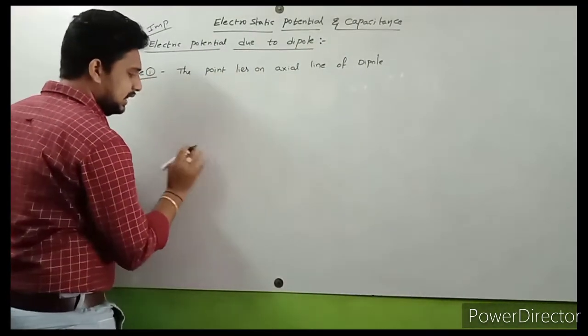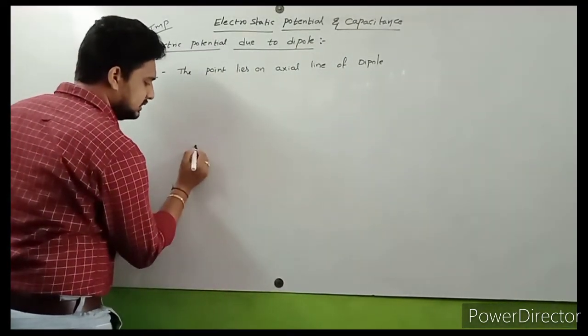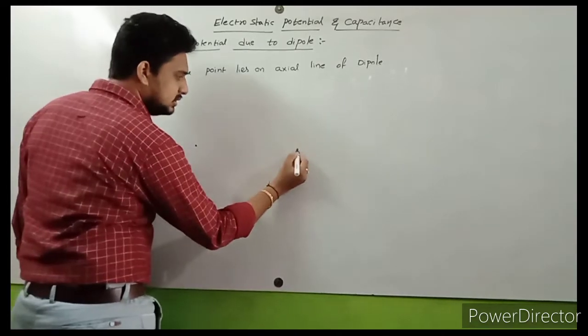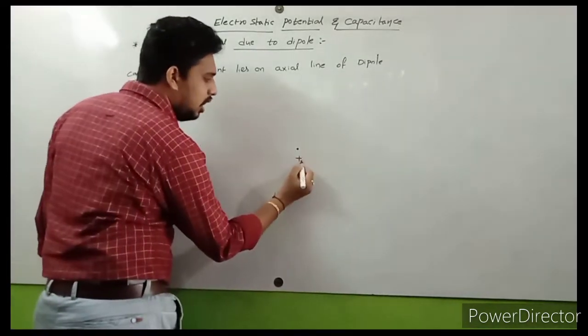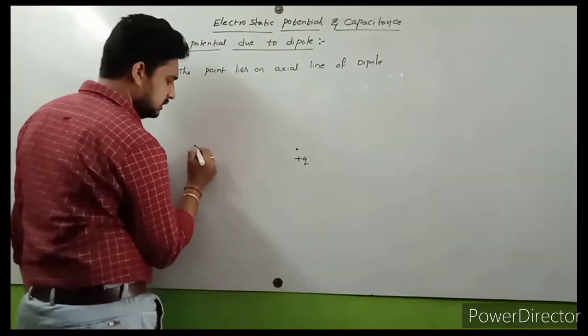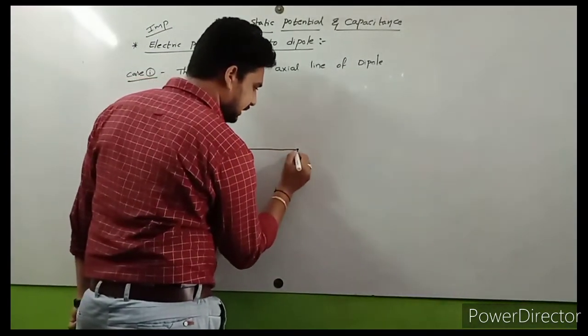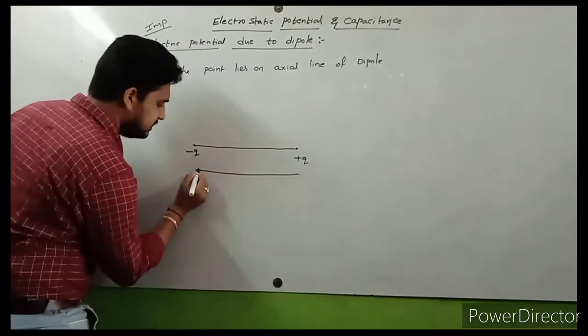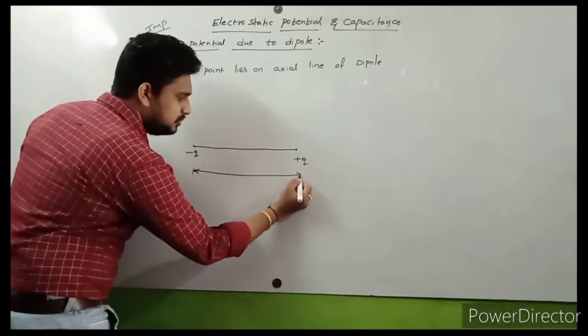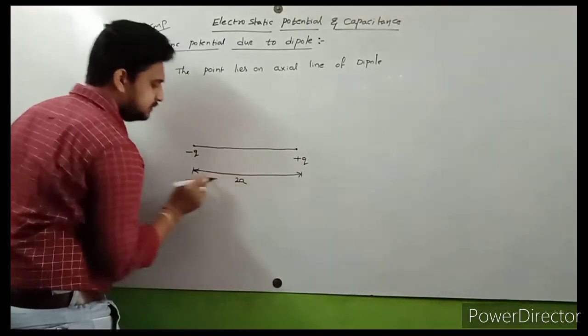Let us consider one dipole. Let us consider two charges, identical in magnitude, opposite charges, separated by some distance. Observe carefully, this is a dipole or not?